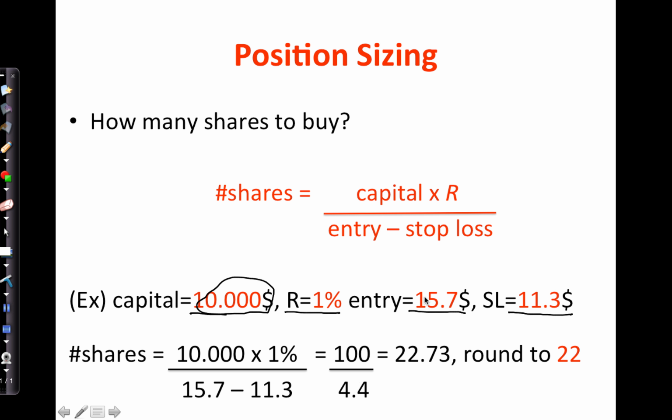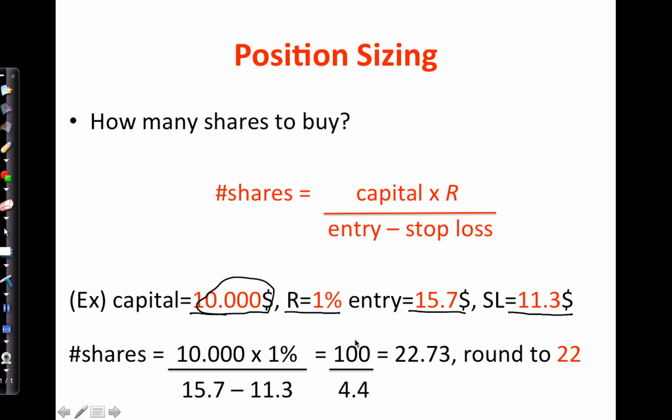Well, if you enter at 15.7 and your stop loss is 11.3, it means that for every share that you buy, if you hit stop loss, you lose $4.4. So if I want to risk $100, that is the 1% of my capital, how many shares should I buy? You just need to do the ratio, right? So 100 over 4.4, you get 22.73. And since we cannot buy fractions of shares, this is rounded to 22.